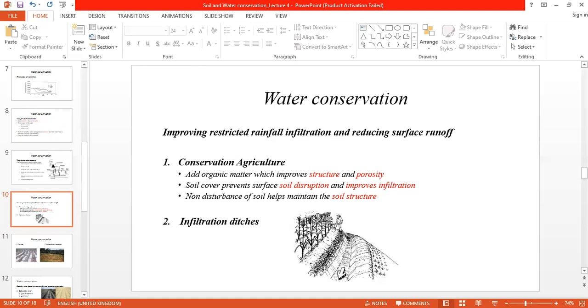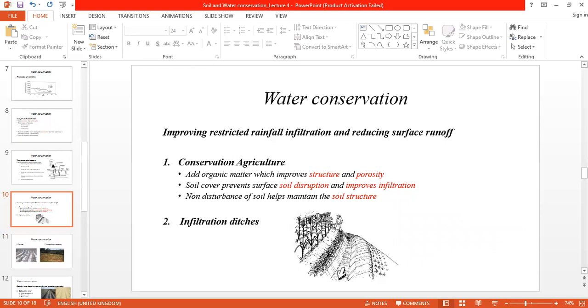So it means that the structure of the soil is maintained, and the infiltration rate is also maintained. But also, because you are in conservation agriculture, you're not tilling your soil. So again, you are maintaining the structure of your soil. Those who do tillage are breaking down the structure and it blocks the water from entering the soil.